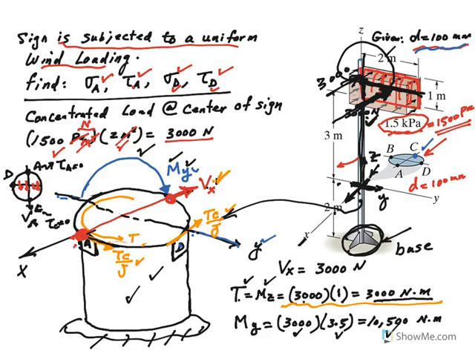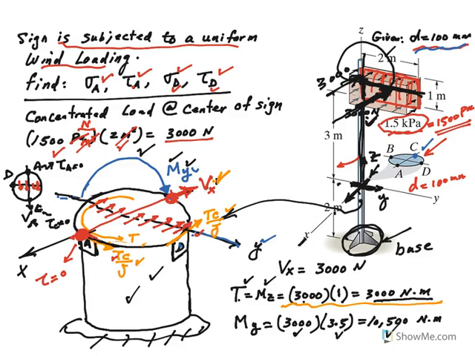So at A, tau should be 0 due to the transverse load V sub x. But remember, there is a TC over J here, and also a TC over J here. Just look at the direction of V sub x and its maximum here, but it's 0 here and 0 here.